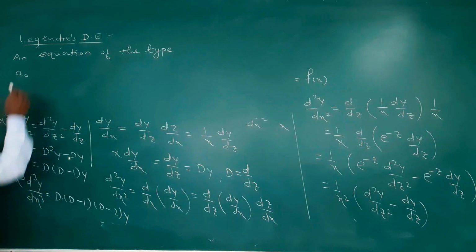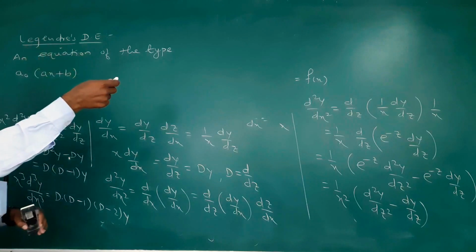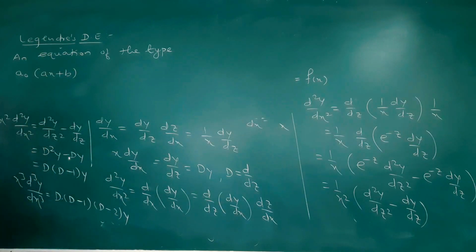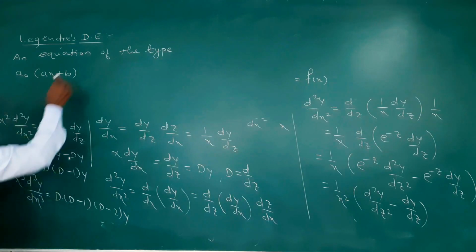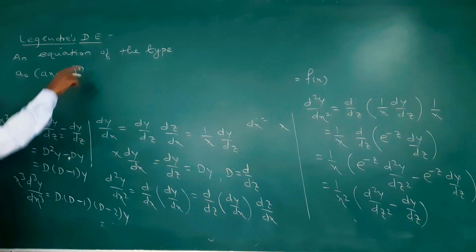So here a0, the change is ax plus b. What is it in Cauchy? x only. Here ax plus b, some algebraic expression of degree 1, ax plus b raised to n. See, instead of x raised to n, it is ax plus b raised to n.